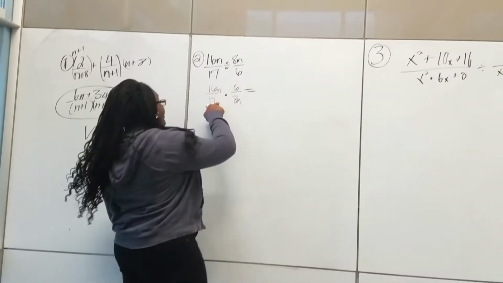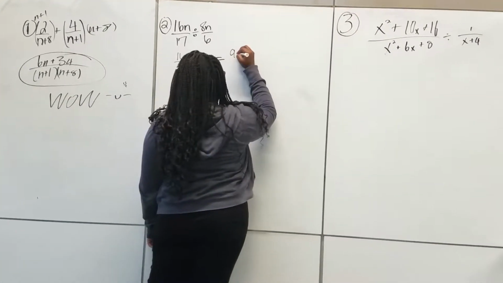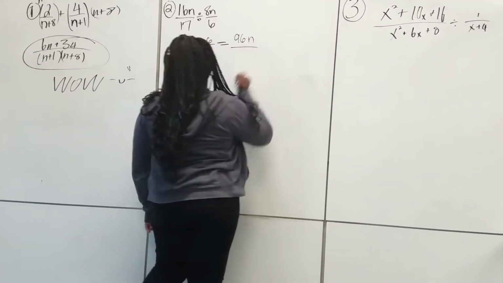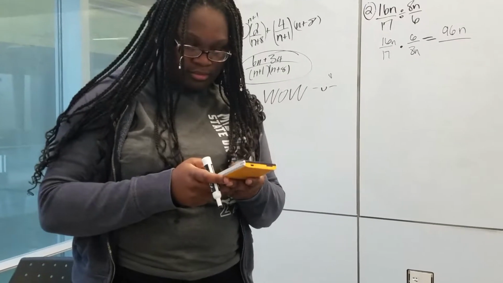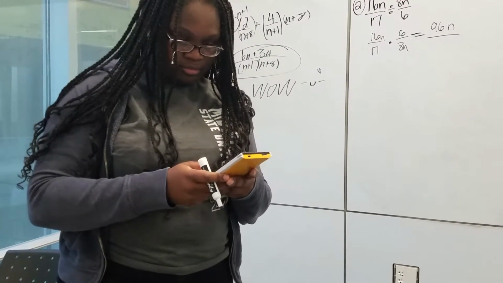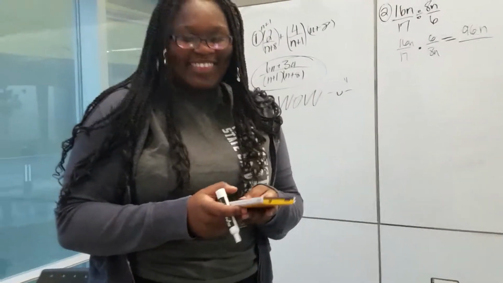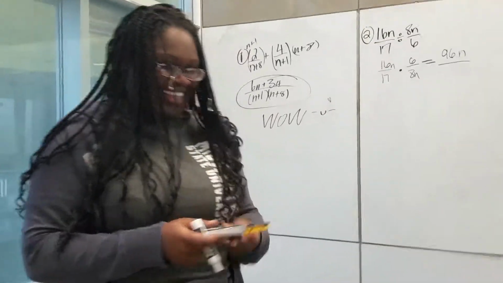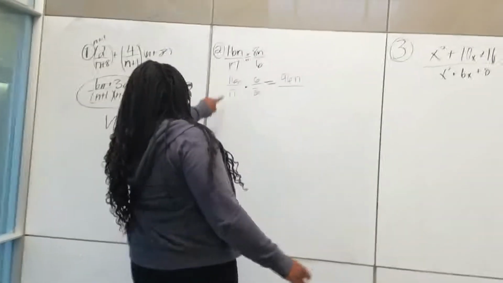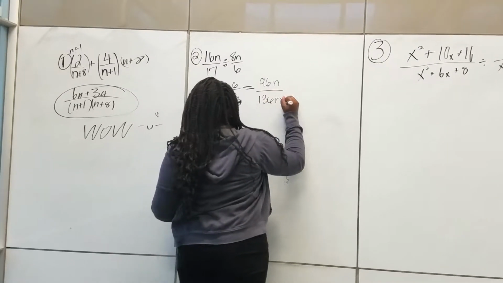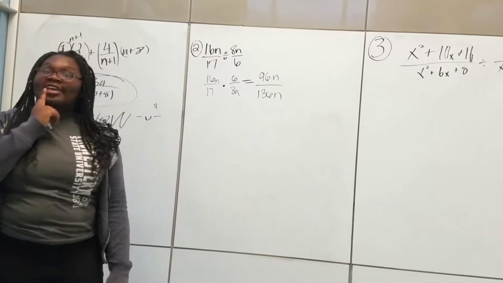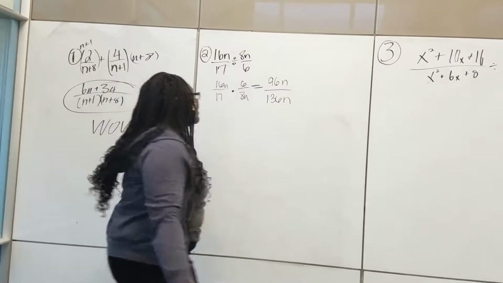So 16n times 6 is 96n over 17 times 8n. 17 times 8n is 136n. The next step is to simplify.